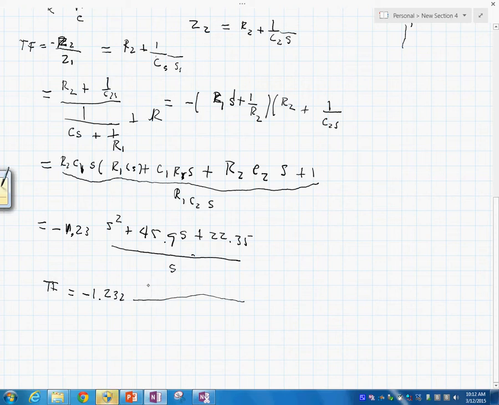And then you will have S squared plus 45.9 S plus 22, and then this divided by S. This expression is called a PID controller.